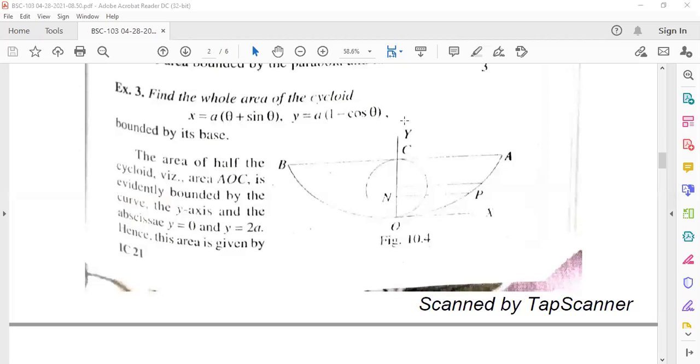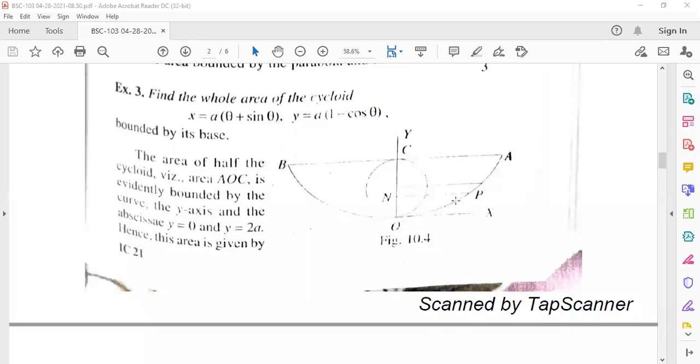Actually, this is the parametric form of the cycloid, right? These are given in parametric form: x equal to a theta plus sin theta, y equal to a 1 minus cos theta. Now we have to find out the whole area of the cycloid, that means the area A, O, B, C, A. So we make the y-axis divide this cycloid into two equal parts.